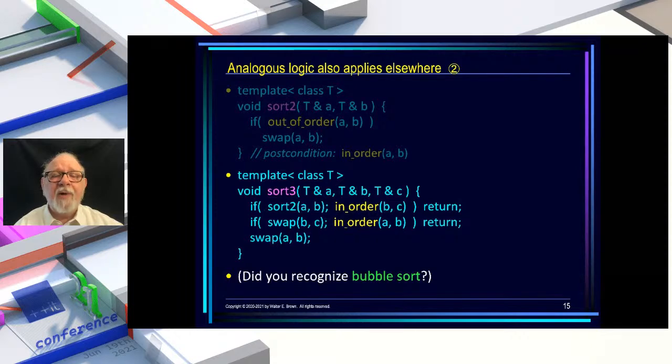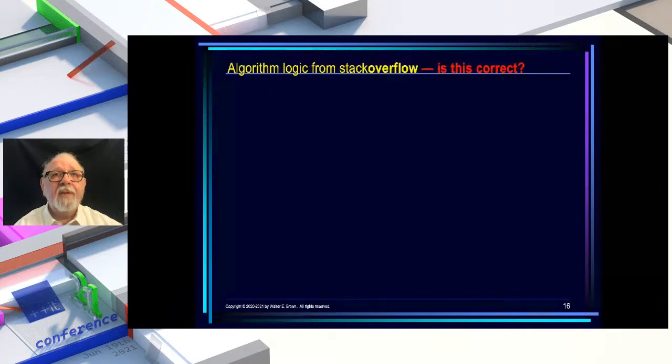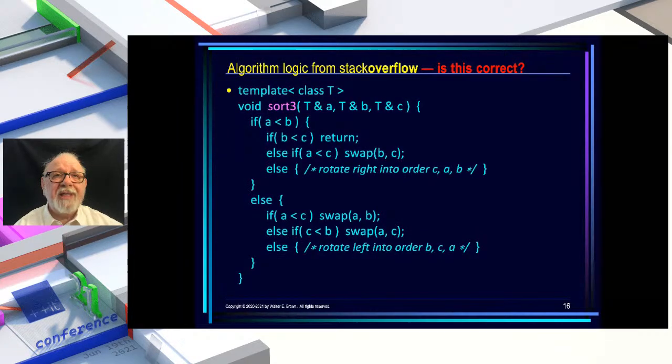Now, I went looking online to see how other people have coded this sort3 algorithm. And I found one that I'm going to show you on the next page, and then I just stopped looking. I found this on Stack Overflow. I had to elide a little bit of it in order to make this fit on the slide.